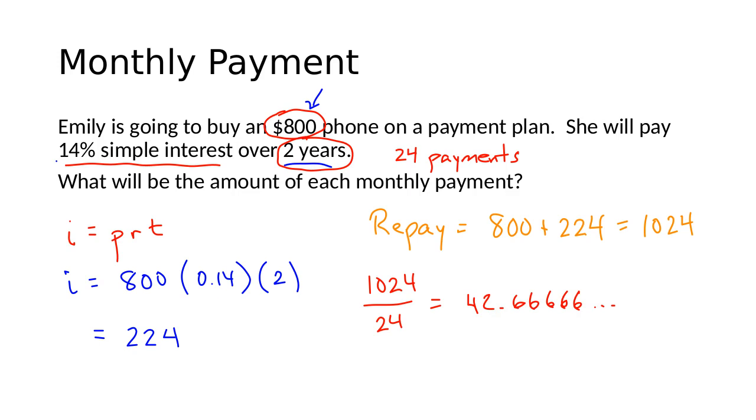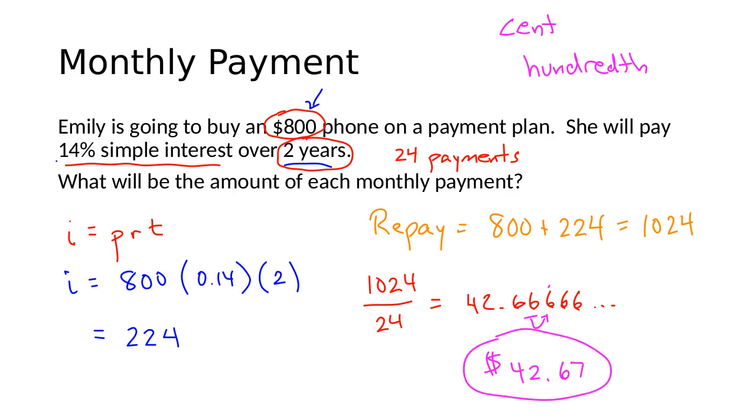Since this situation revolves around money, we want to round to the nearest cent, which means we want to round to the nearest hundredth. So we'll find the hundredths place in our answer, and we'll look one space to the right of there. Since this number is 5 or bigger, we are going to round up, and the amount of each monthly payment for Emily is going to be $42.67.